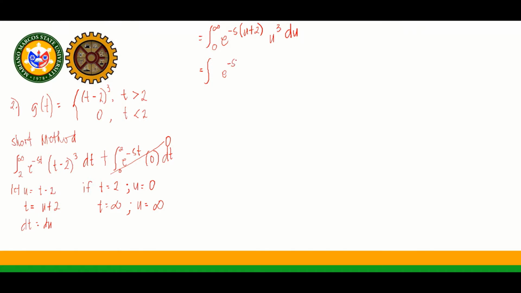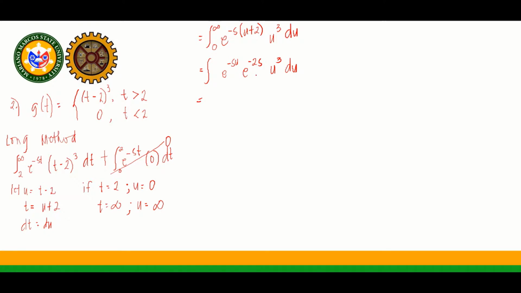This will be equal to e raised to negative su, and then e raised to negative 2s, and then u cubed du. Okay, so what we did is actually the long method already, right? So, let's just do the long method again. I forgot that we were supposed to do the short method.